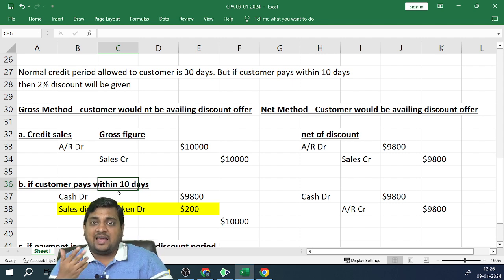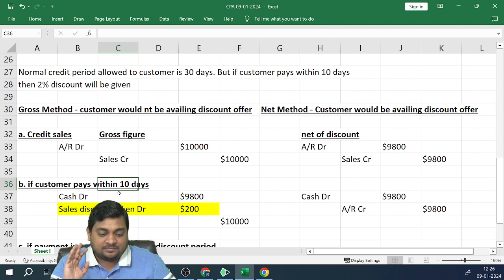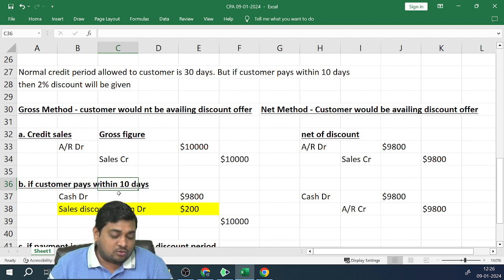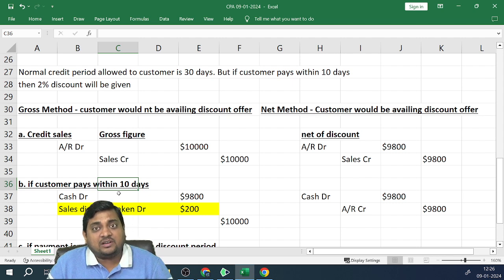But the customer can select till the 10th day. You don't have to tell me today whether you want to go for the discount scheme or not. No, it is open for the first 10 days. So irrespective of the method of accounting you are following, the customer can select any scheme today or tomorrow, right?